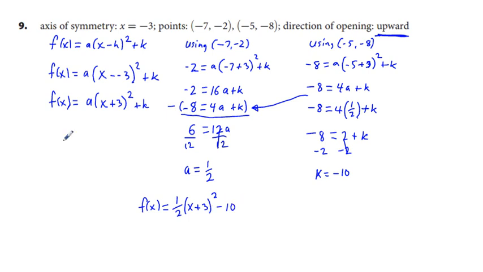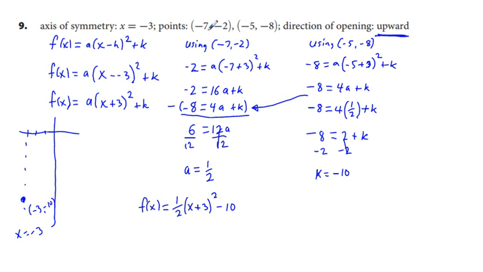And what is this going to look like? It would look like this. We have our axis of symmetry here, x equals negative 3. We have our vertex at negative 3, comma negative 10.